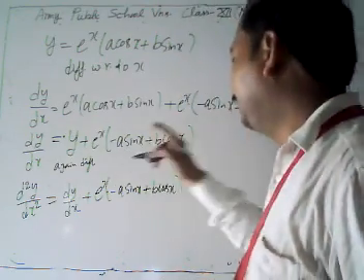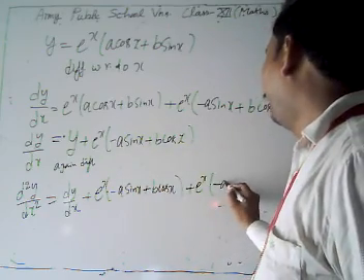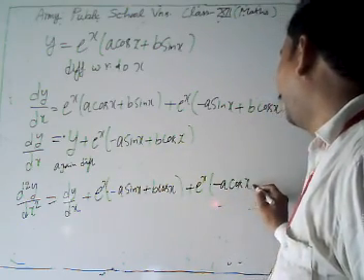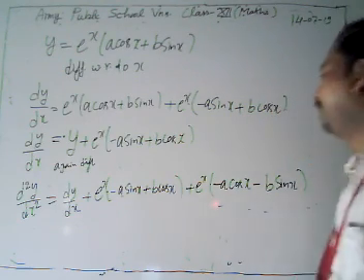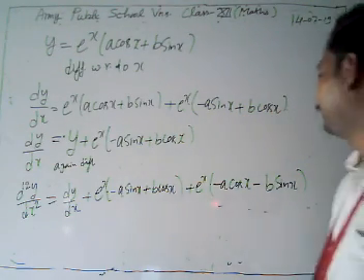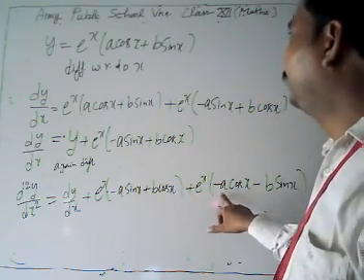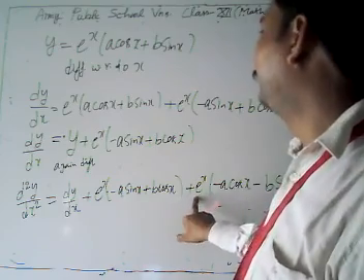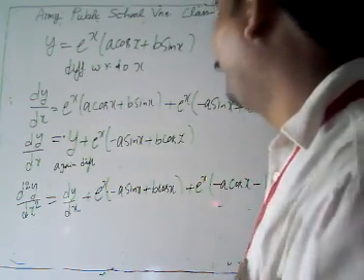Now we differentiate the bracket, so plus e to power x times (minus a cos x and again minus b sin x). Now when we take minus common, it's (a cos x plus b sin x), so it's minus y.